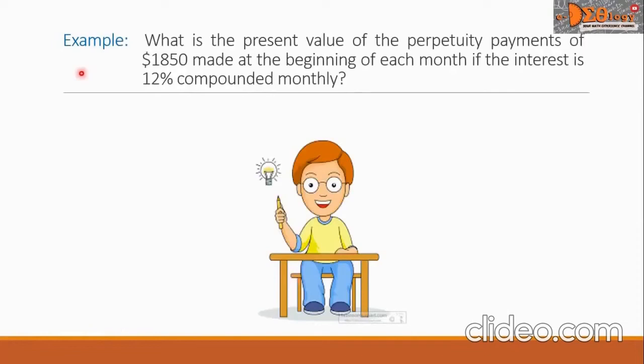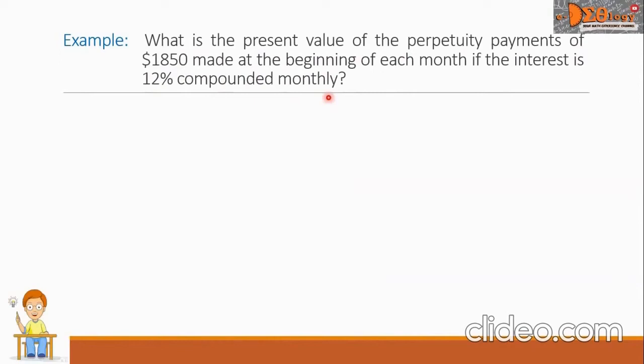Let us see this example. What is the present value of the perpetuity payments of $1,850 made at the beginning of each month if the interest is 12% compounded monthly?